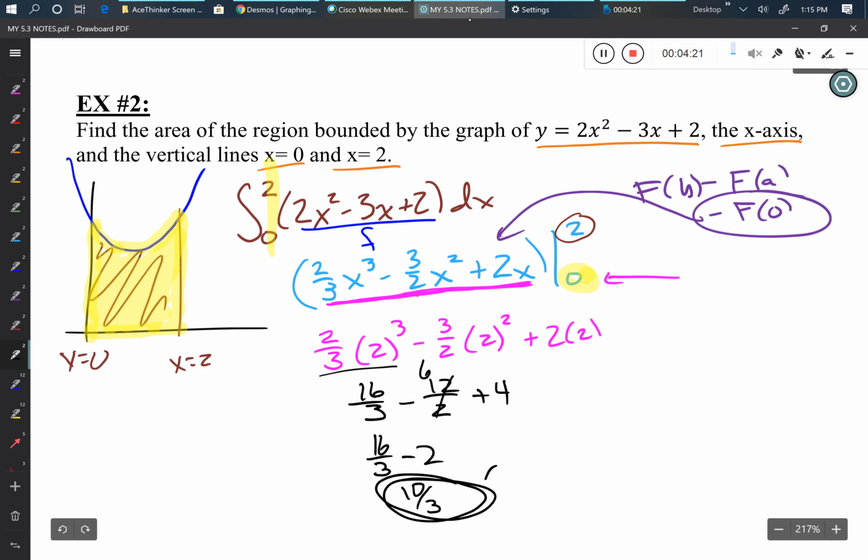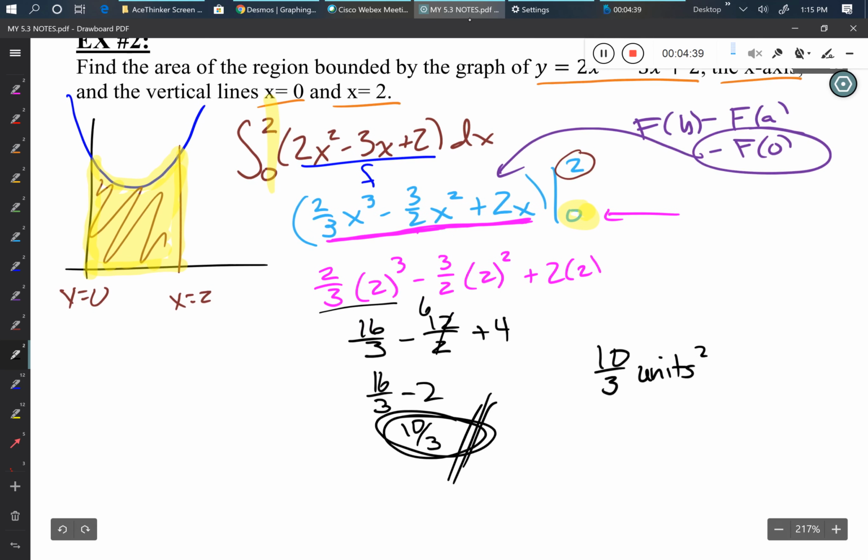So the value of my integral, or the area of the region bounded by the graph of y equals 2x squared minus 3x plus 2, the x-axis and the vertical lines x equals 0 and x equals 2, is 10/3 units squared, whatever those units would be.